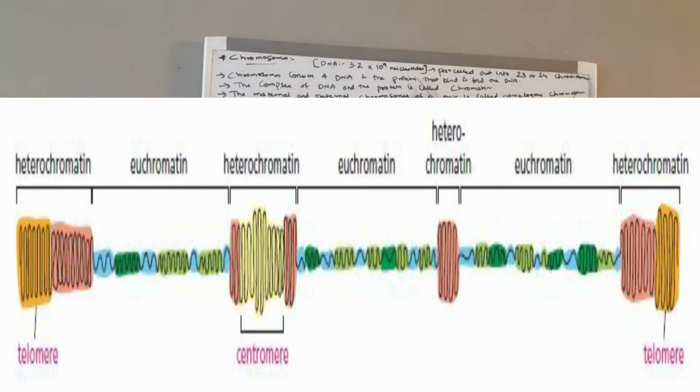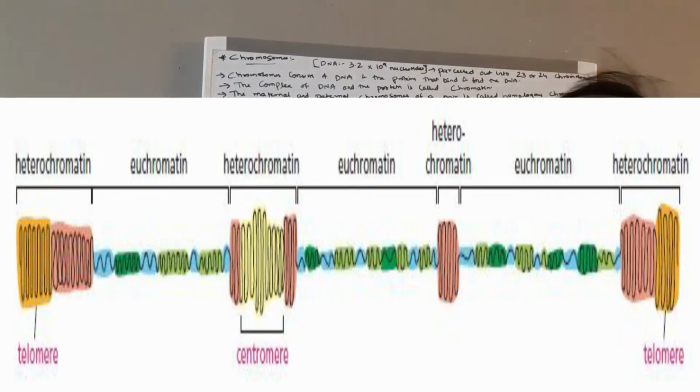Although we use the term euchromatin to refer to the chromatin that exists in a more decondensed state than the heterochromatin, both euchromatin and heterochromatin are composed of a mixture of different chromatin structures. One is more condensed and the euchromatin is less condensed.